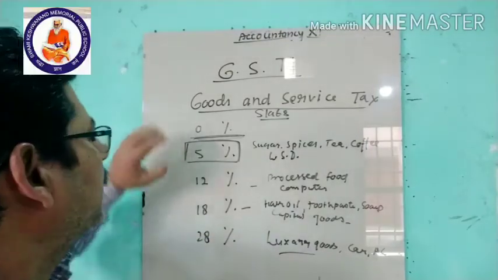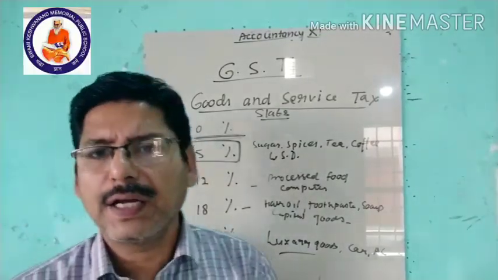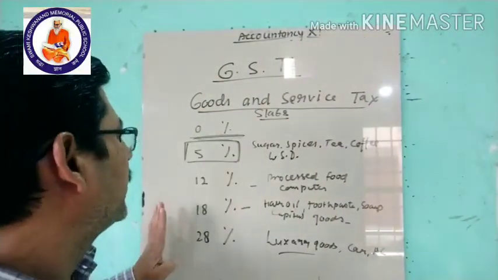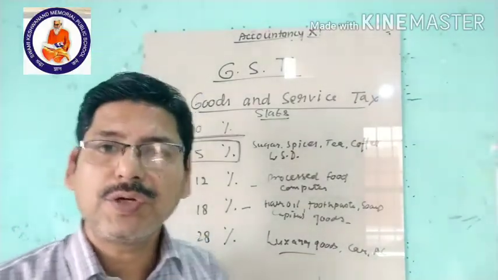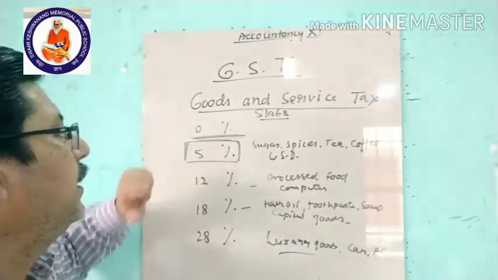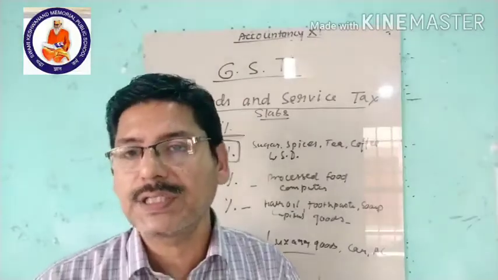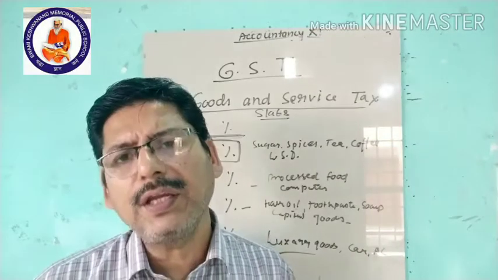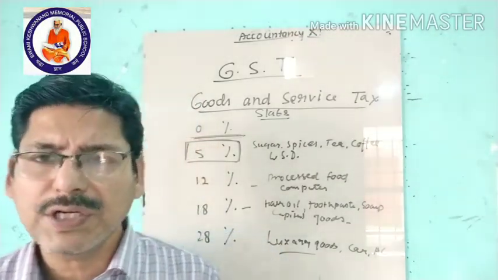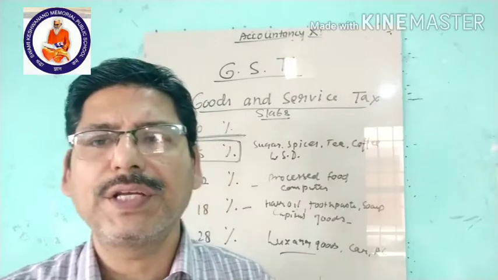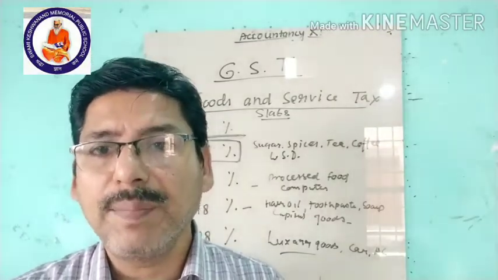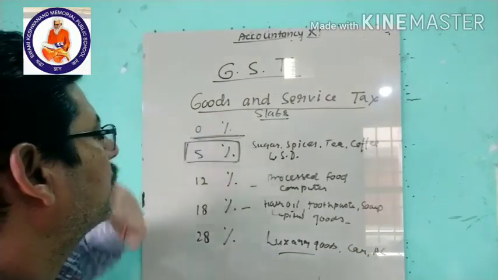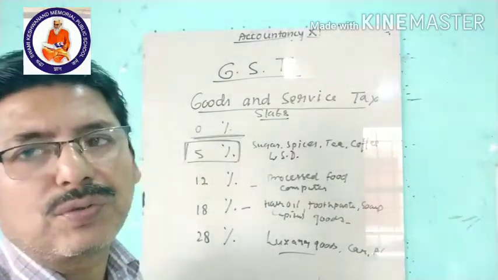There is one more category, that is 3% and 2.5%, but mainly these are there. In the 0% category, where 0% GST is applicable, those goods are very necessary for life, like food items, vegetables, milk for children. Such things are kept in the 0% category, meaning there is no tax on those goods.